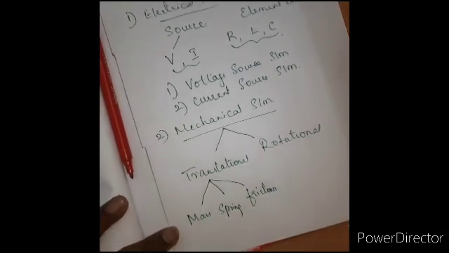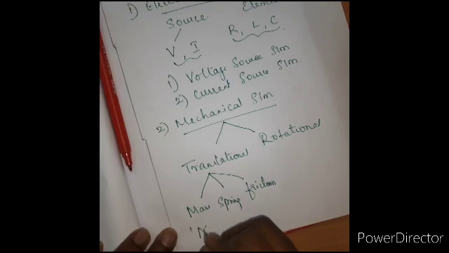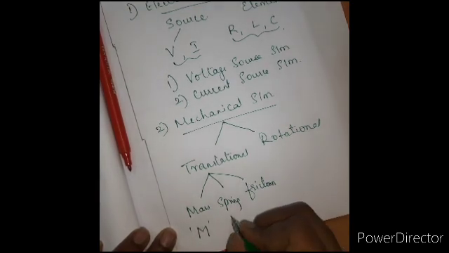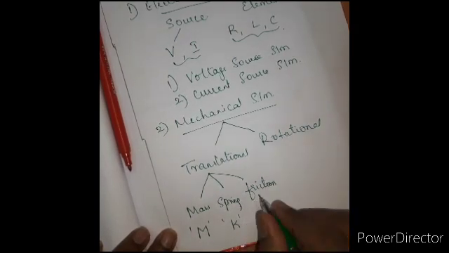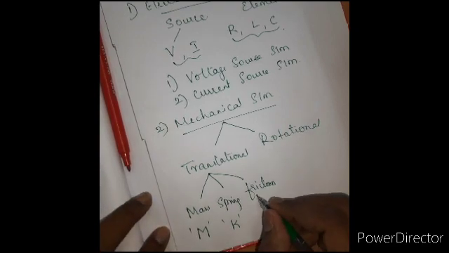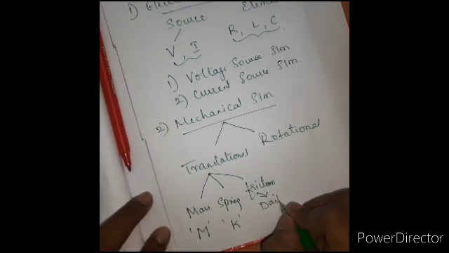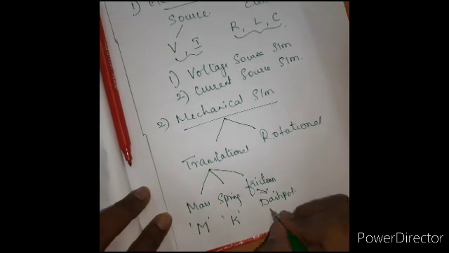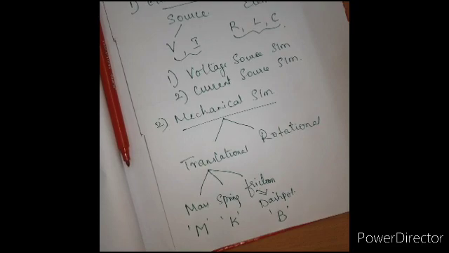Mass, spring and friction are the three different elements. Mass, we are going to represent as M. Spring is represented as K. Friction is an opposing force which is obtained by using a dashpot, and it is represented as B. This is what we studied yesterday.